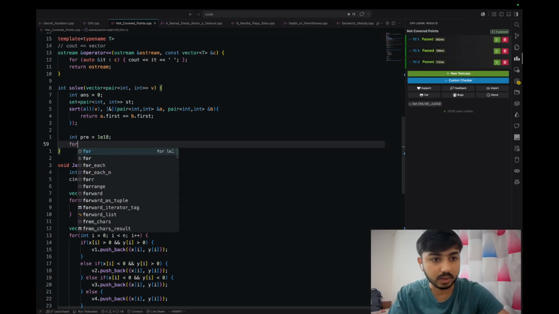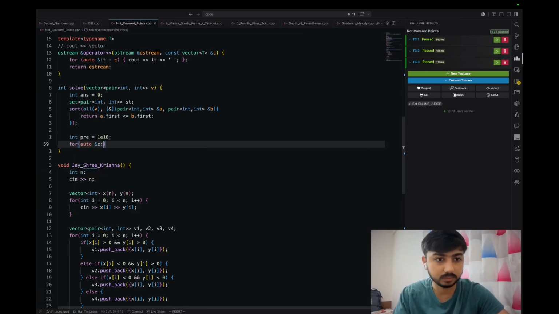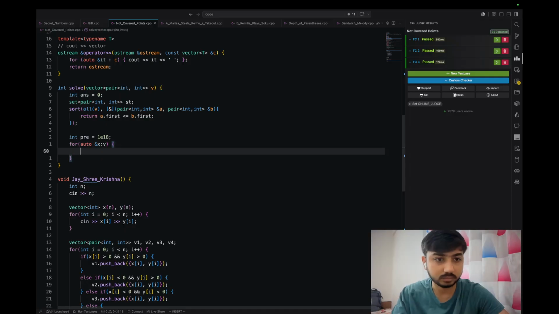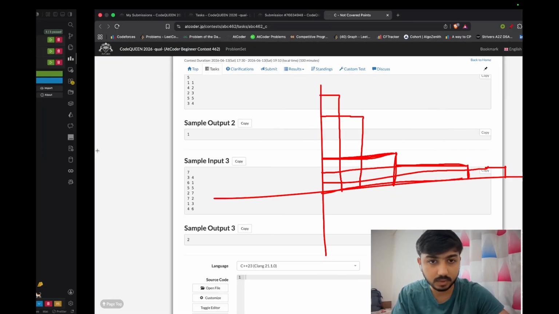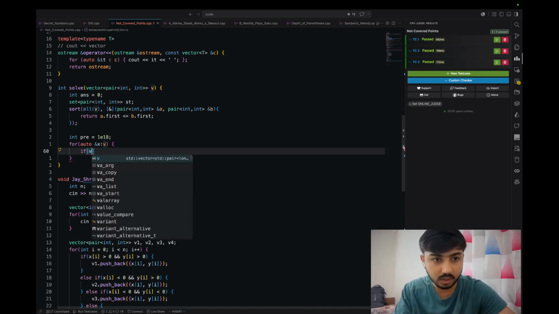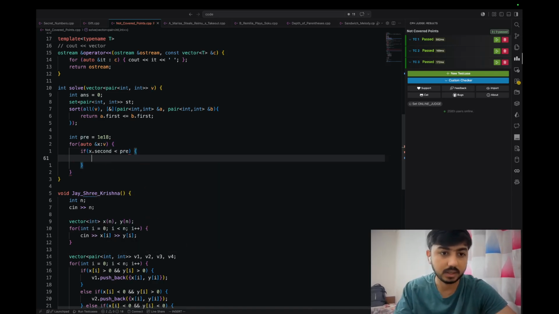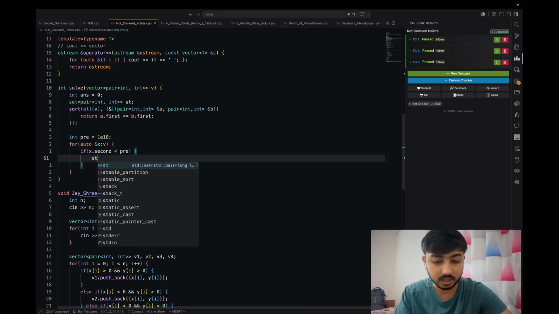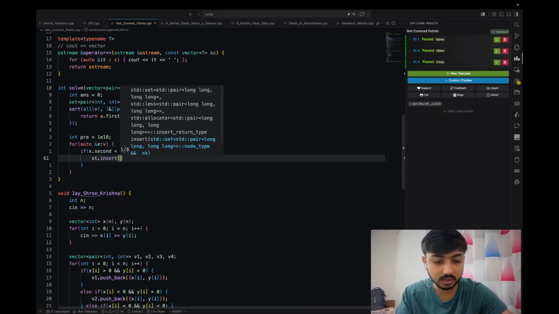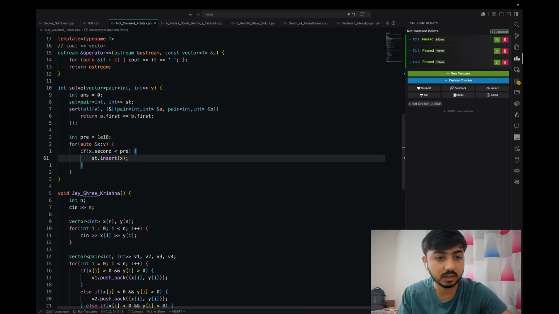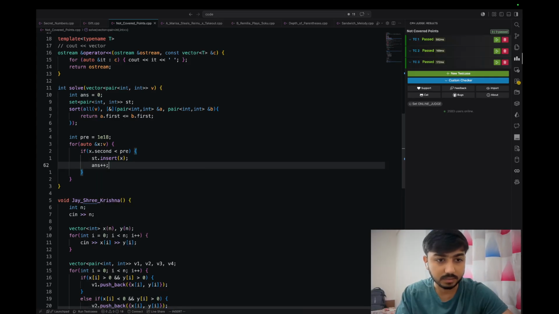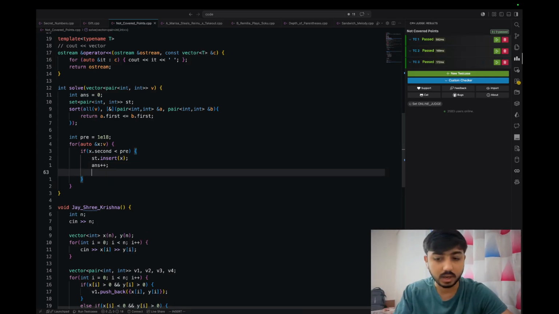So iterate over all, if x dot second is less than previous, then we can take this: st dot insert x and answer plus plus and previous is equal to x dot second.